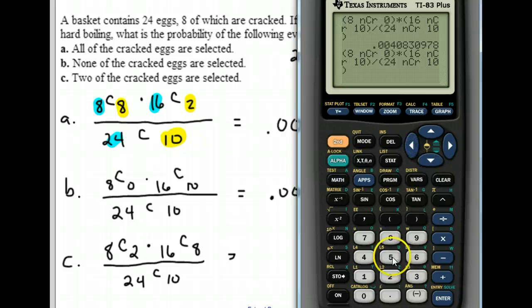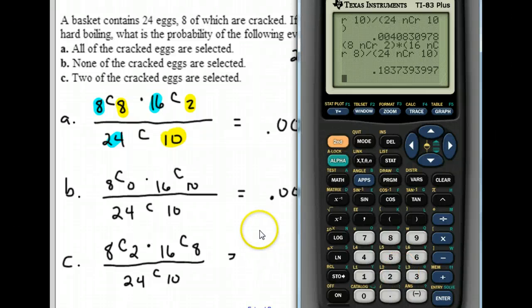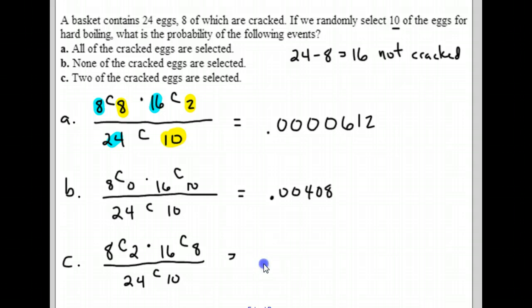Change this to 2. Change this to 8. So now I hit delete and an 8. Alright, then hit enter. So 0.184 to 3 significant digits.